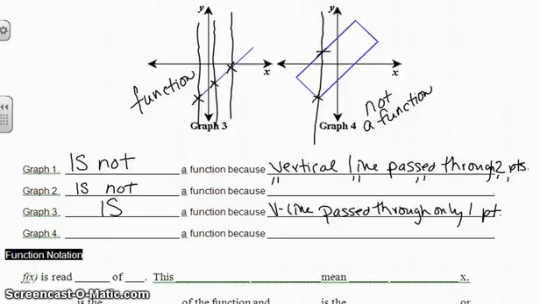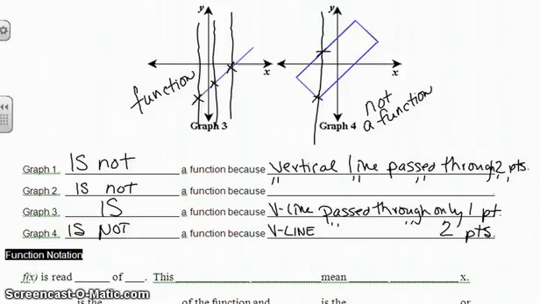And my last, graph 4, this is not a function because my vertical line passed through 2 points. And I'm just using the little quotation marks there to say that that is repeating on the next line. You can write it out or just use little marks like I did to say it's the same as the line right above it. So I hope you did well on that.